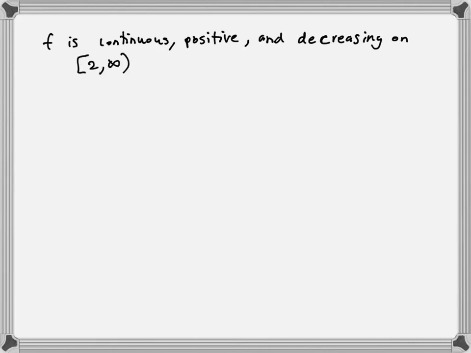I need a closed interval, so I just wrote 2 to infinity because we definitely showed that, right? We showed that it's all three of those things any place after 1. So I'm saying at 2 and beyond, it's like that, right? So we can now use the integral test.